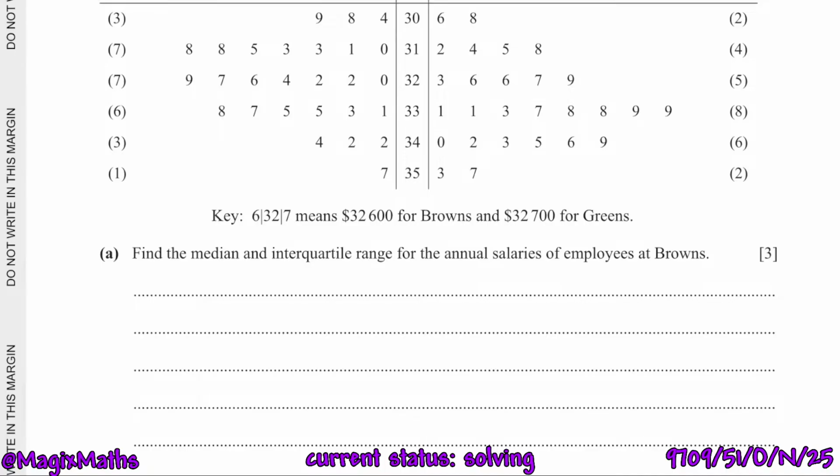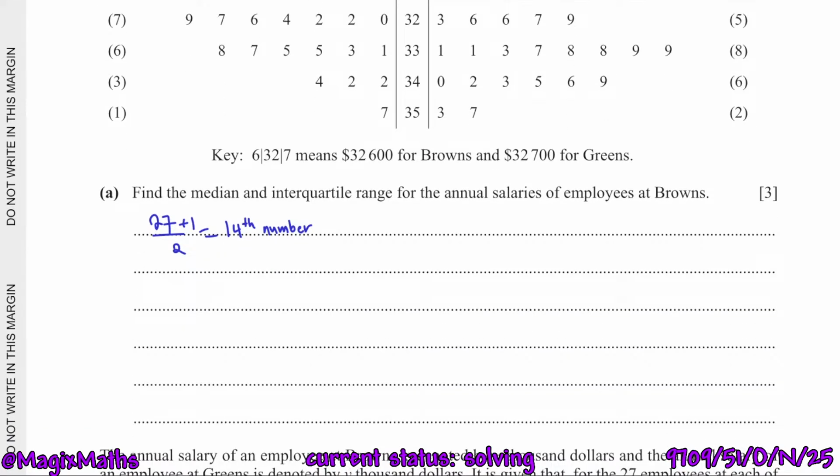So what happens in an odd number is, say we have 27, we plus 1, and we divide by 2, then we'll have 28 divided by 2 is 14. So we need the 14th number. Okay? So we need the 14th number. This corresponds to the median, the middle number.